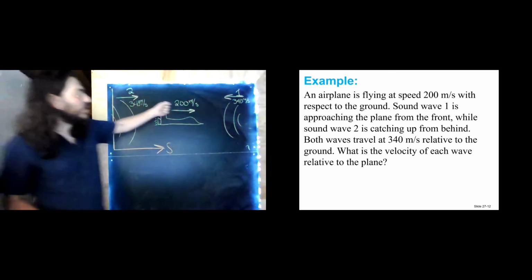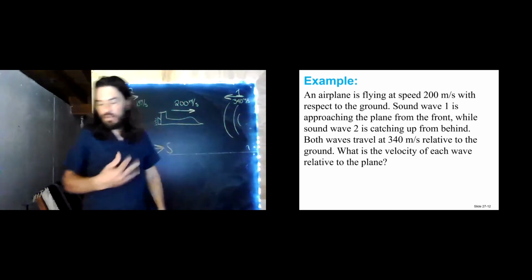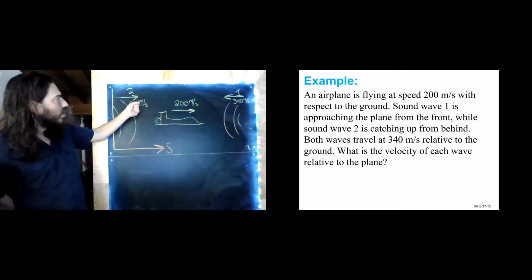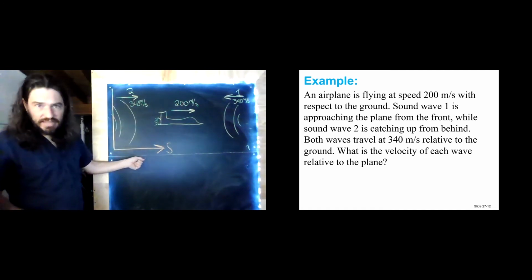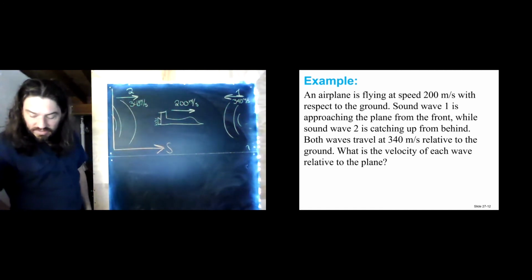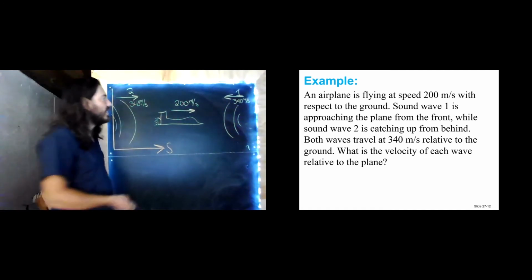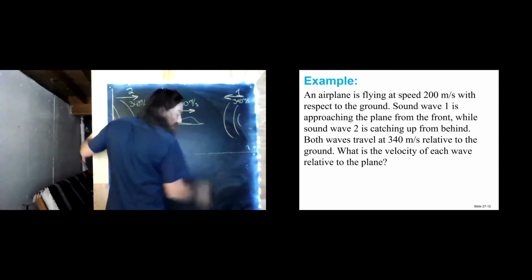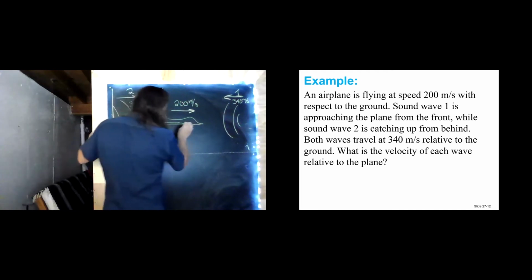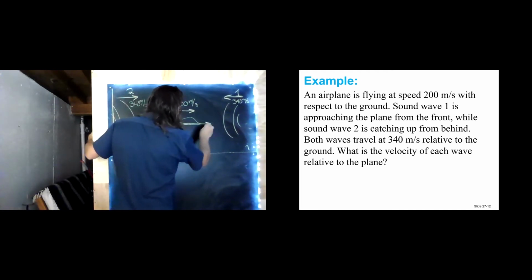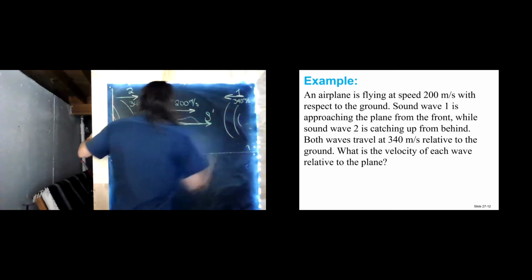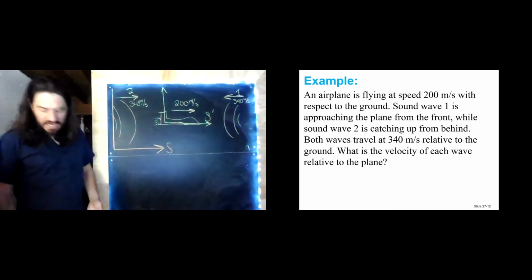And we're trying to figure out, so we know the velocity of the waves in the S reference frame. We're interested in finding the velocity of the waves in the S prime reference frame according to the plane. So our S prime reference frame then must be attached to the plane.